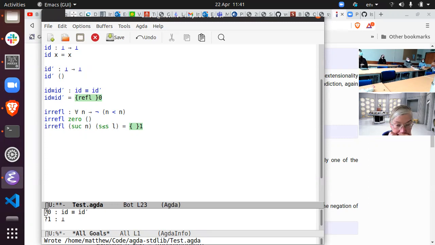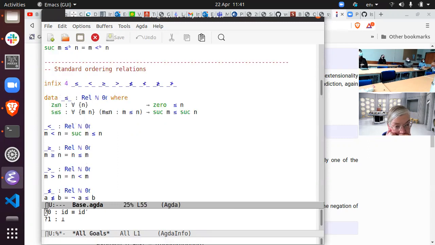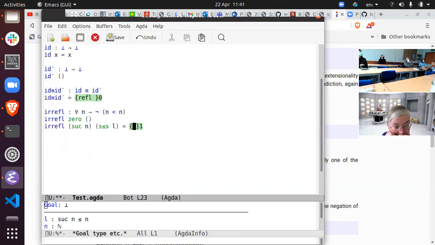It knows the only form it can be is a proof using the s less-than-or-equal-to s constructor that says, if m is less than or equal to n, then suc m is less than or equal to suc n. So we have a new proof.